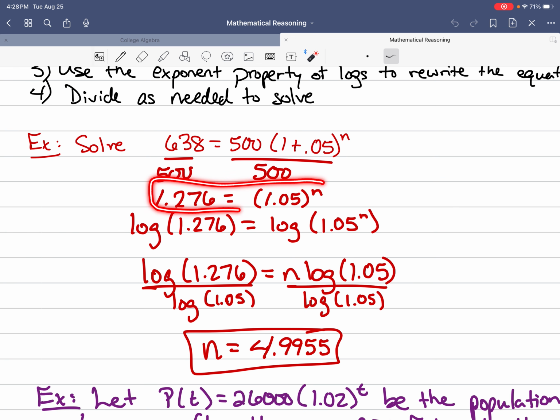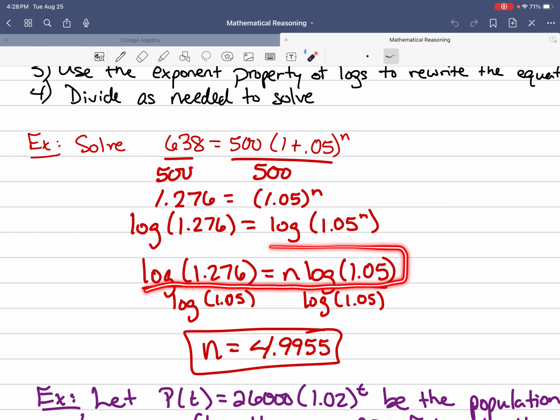At this point, we have nothing more we can combine or simplify, and our variable is stuck as an exponent. So in order to bring that down, we're going to take the log of both sides like we did in the last video. If you recall, when we had a variable as an exponent, that comes down in front of the log. So that would give us this step here.